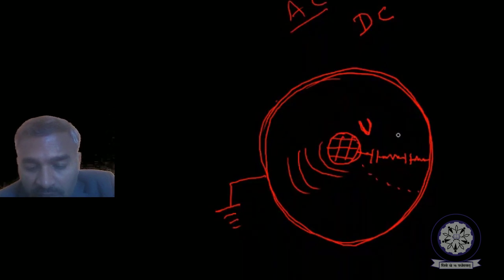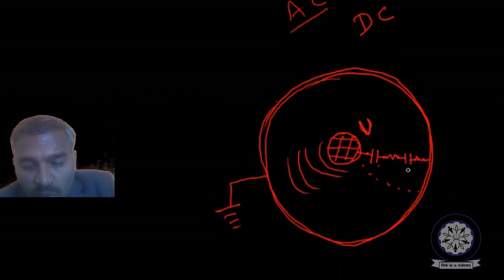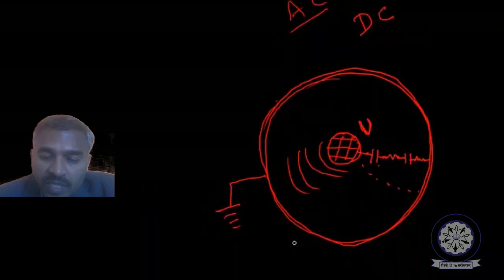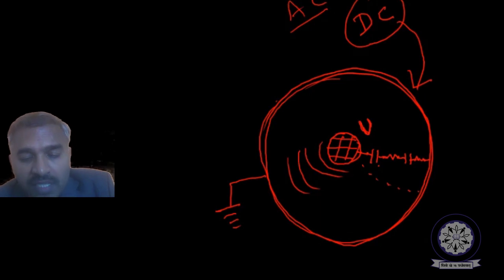Now in this case, if I represent with only series capacitance and series resistance, I cannot perfectly represent a DC cable, because in a DC cable, when I apply DC, there will also be loss. But how to represent that loss? I cannot represent it by a series resistance, it's not possible.